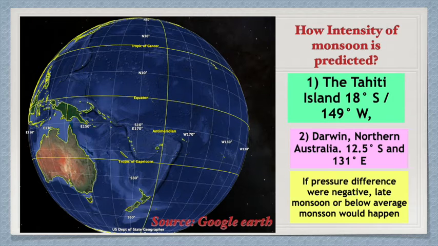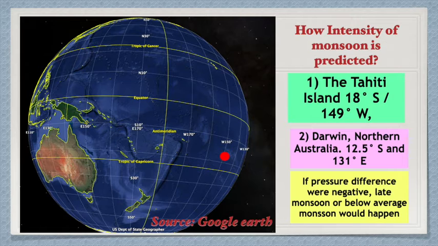Then next, how intensity of monsoon is predicted. We have two places. One is Tahiti Island in South Pacific Ocean, east of the anti-meridian line. The geocode of that region is 18 degrees south latitude and 149 degrees west longitude.